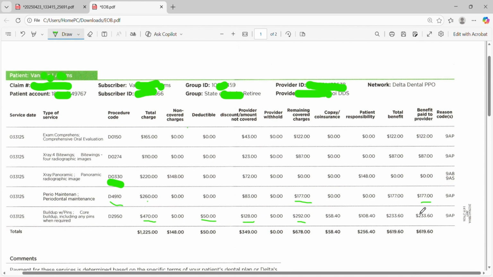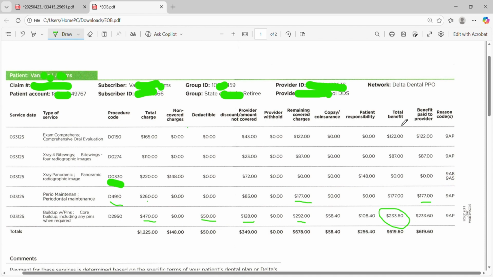All right, so $292. Since this procedure is covered 80% under basic, let's multiply this by 80%. It's going to be $233.60. So this is the total benefit, which is the total insurance payment.